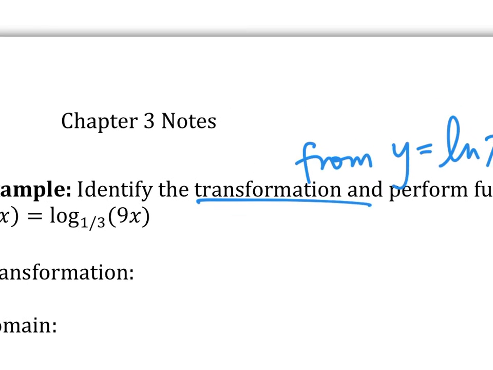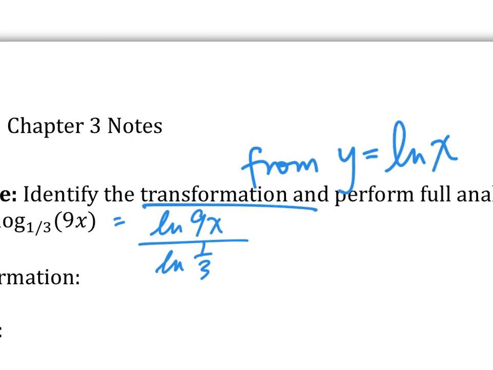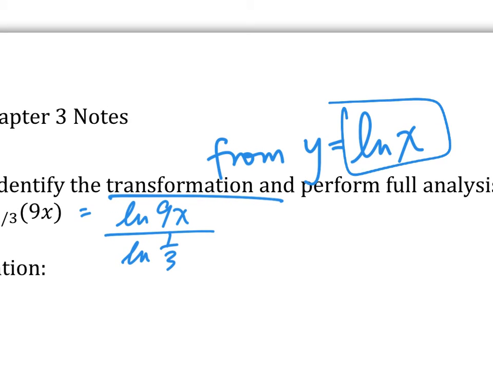All right, let me help you with the transformation first. This one is a little bit tricky. So first, let's change it. Natural log 9x over natural log 1/3. Notice how we're definitely not done. We're trying to figure out the transformation from natural log x. There are many ways to describe the same thing.